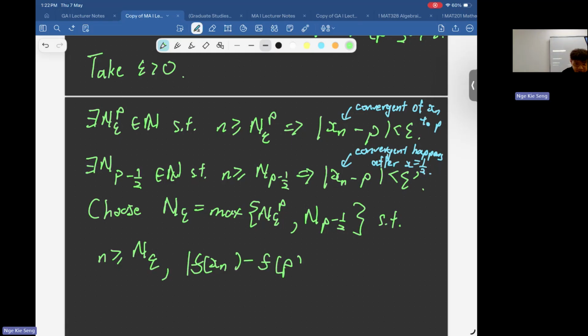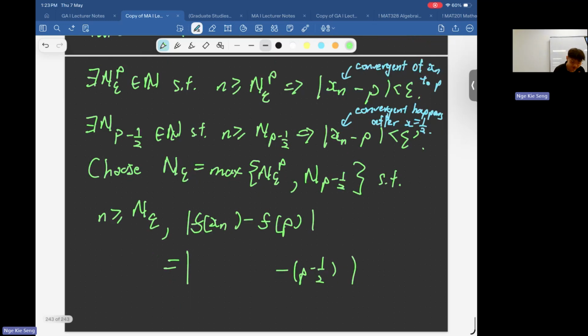f(S_n) minus f(p). We know that f(p) is just p minus half. But I told you that f(S_n) has two possibilities: either x minus half, but with the convergence after x equals half, all my x_n will live after half, so I just use the second definition of my piece. So f(S_n) evaluates to S_n minus half.